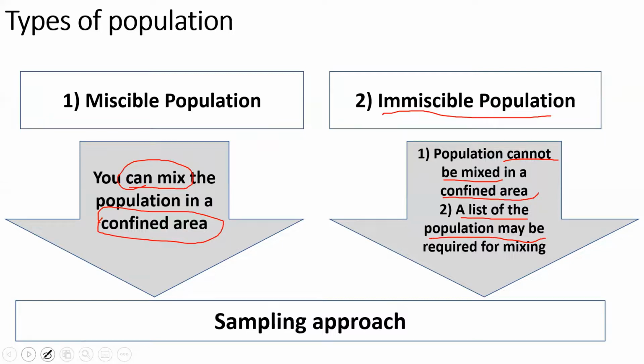Okay, so now you've seen the two types of population, the miscible population and immiscible population. For those who are doing chemistry or microbiology, sometimes when you are sampling, you swab or you get your chemicals or anything that you want to sample.